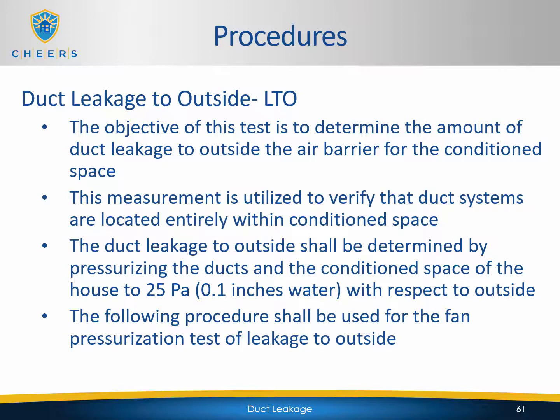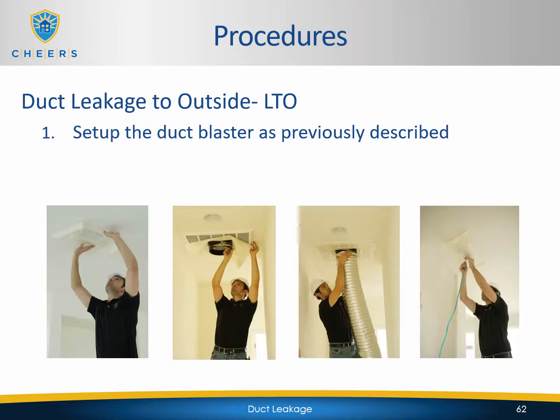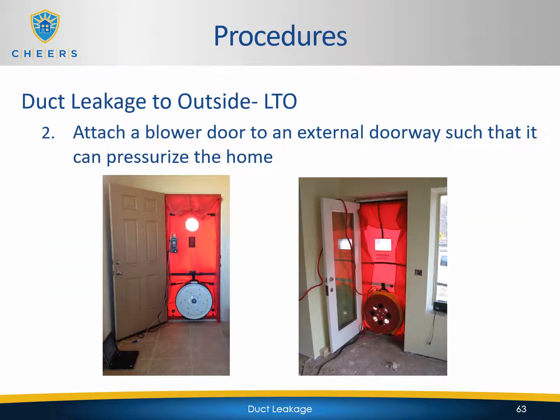And the following procedure shall be used for the fan pressurization test of leakage to outside. So for this particular test, you'll need a blower door and a duct blaster because you'll be pressurizing the ducts to 25 pascals, plus you'll be pressurizing the house to 25 pascals as well with the blower door. So first of all, you're going to set up the duct blaster as previously described, same exact way.